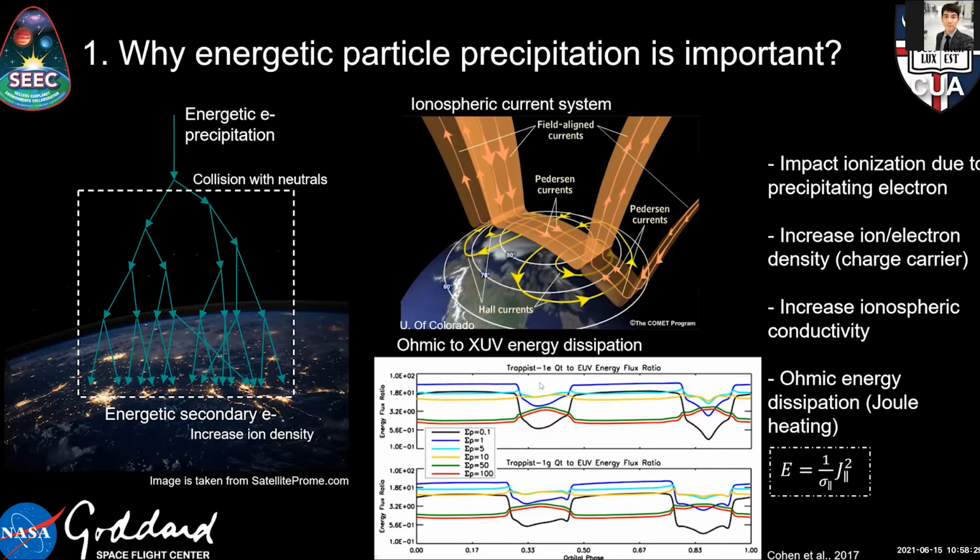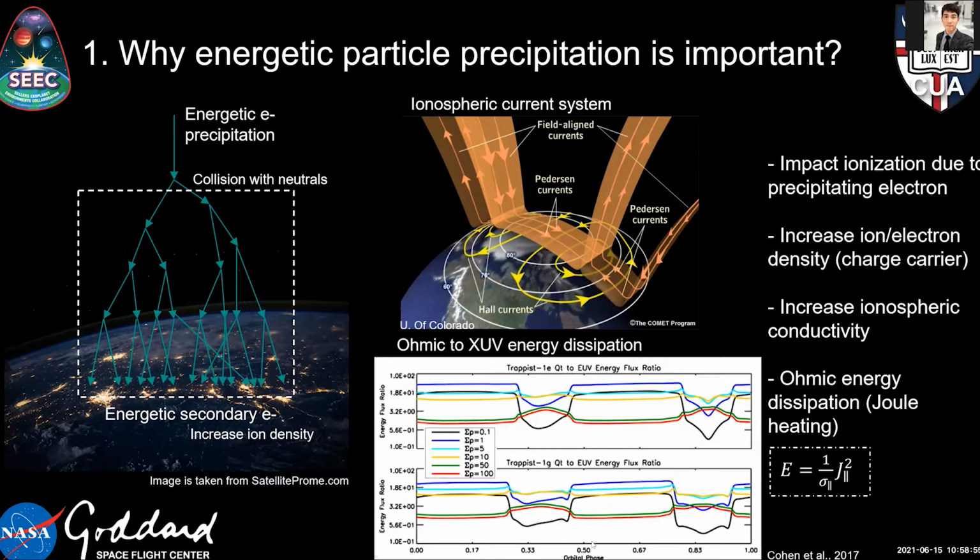At the bottom, this is an example. Cohen et al. in 2017 estimated stellar density, speed, and magnetic field, scaling solar winds, and also estimated energy dissipation from Joule heating and XUV radiation. They show that the ohmic energy dissipation can be more than 10 times larger.